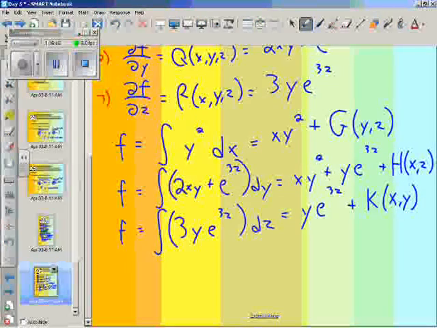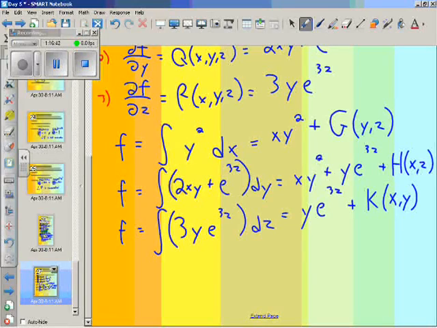So what we're going to have to do is inspect to figure out which pieces are going to hang around, so we can compare these. So this came from 1, this came from 2, and this came from 3.